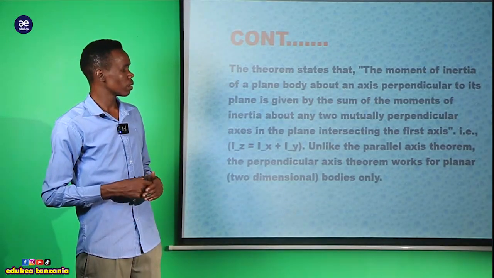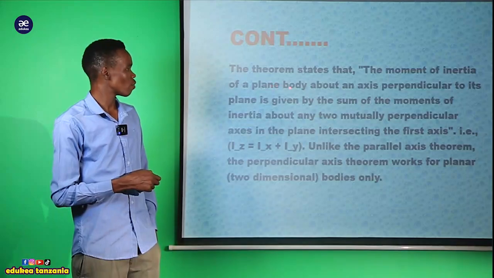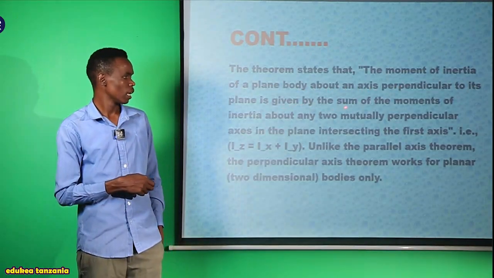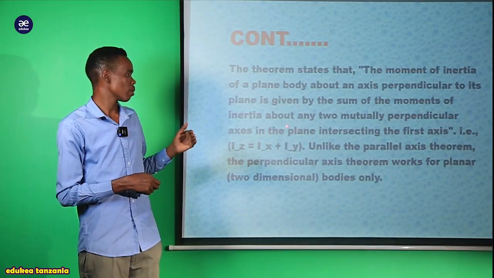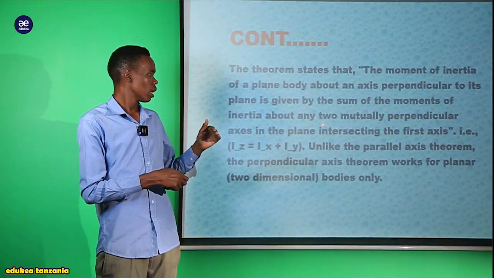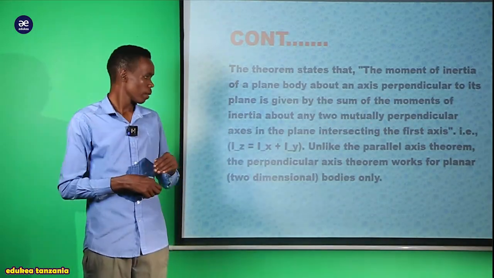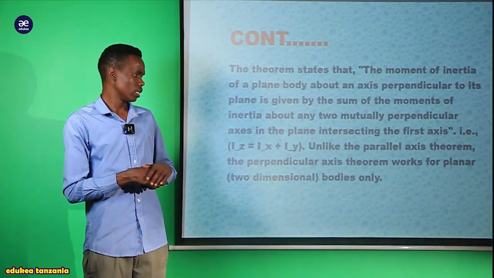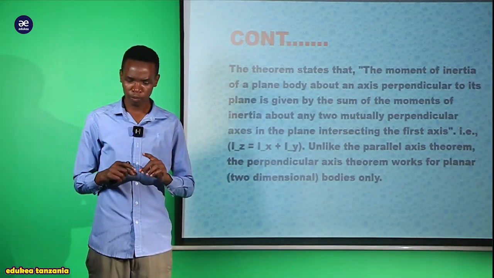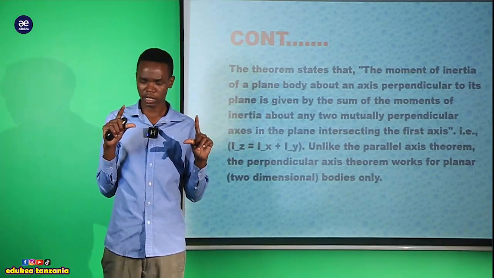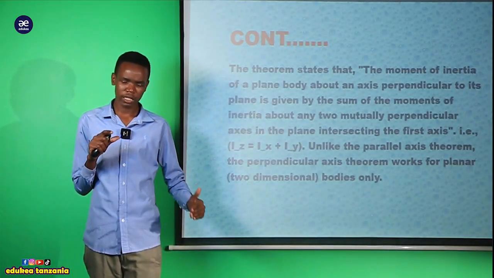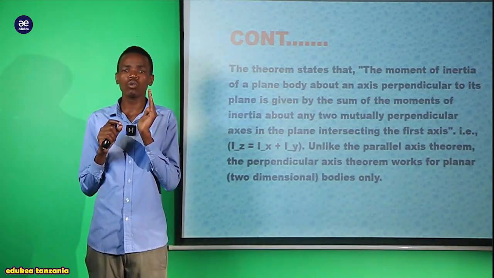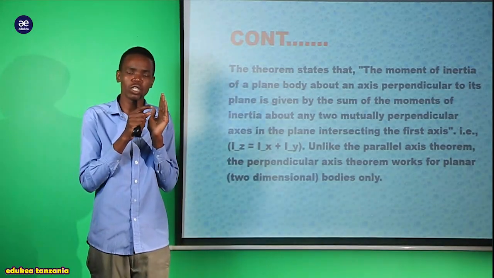Our law says that the moment of inertia of a plane body about an axis perpendicular to its plane is given by the sum of the moments of inertia about any two mutually perpendicular axes in the plane, intersecting the first axis. Now, imagine we have three axes. The first axis runs along the z axis, and the other two axes run perpendicular to each other.